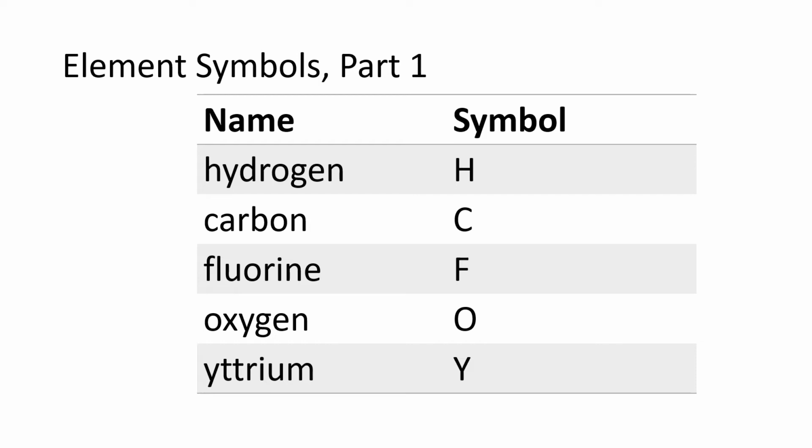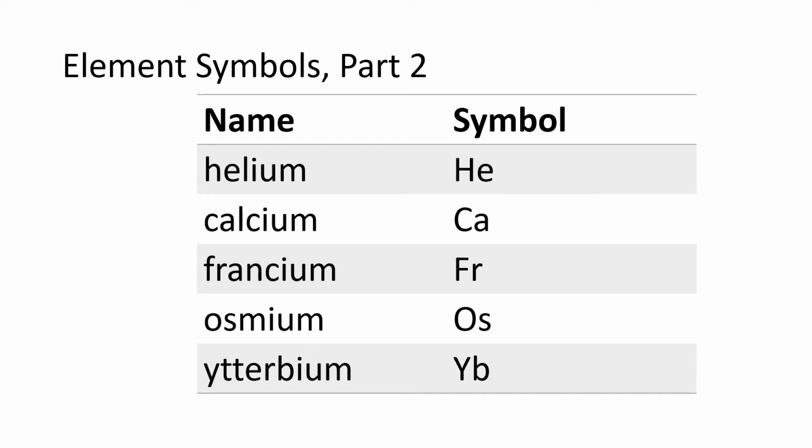Something else you might have noticed is that the symbols, like H for hydrogen, are pulling the first letter of each element name. So C is carbon, F is fluorine. So it's looking like at this point that the symbols consist of one capital letter, and that capital letter is the first letter of the element's name.